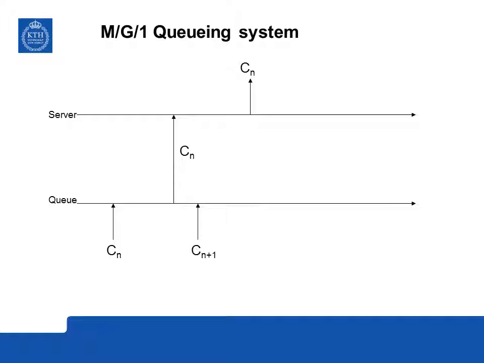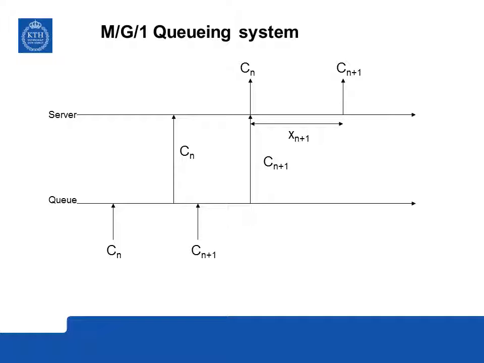When he leaves the system, customer n plus 1 will be at the head of the line, and then he will move into the server. The time spent in the service is denoted by the random variable X(n+1). This is the service time of customer n plus 1.